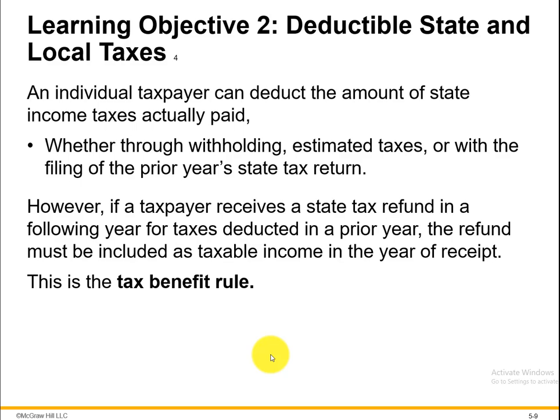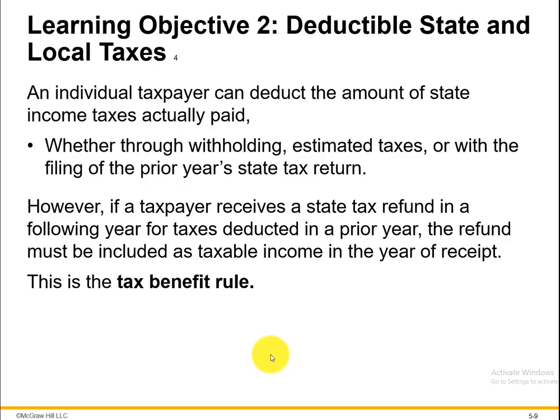If you paid taxes in one year and got to deduct it because your taxes and other itemized deductions were higher than the standard deduction, then when you get a refund of that amount, you have to count it as income. That's called the tax benefit rule. We dealt with it on the income side, so it makes sense to talk about it once again.